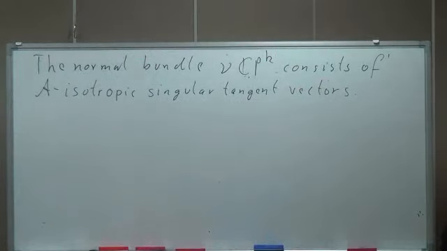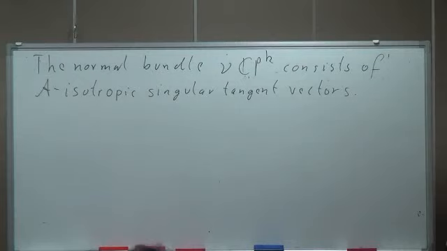So these CPKs have quite a unique embedding into the quadric. They are tangent spaces, and the tangent vectors and normal vectors are singular tangent vectors. They're isotropic vectors.